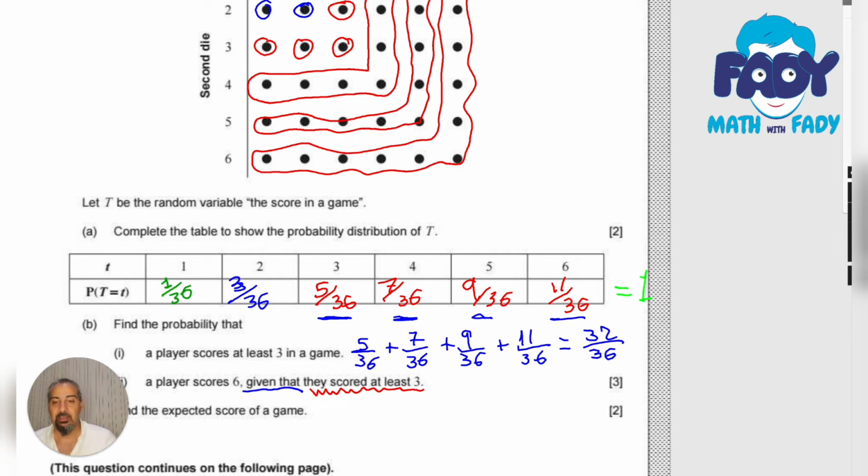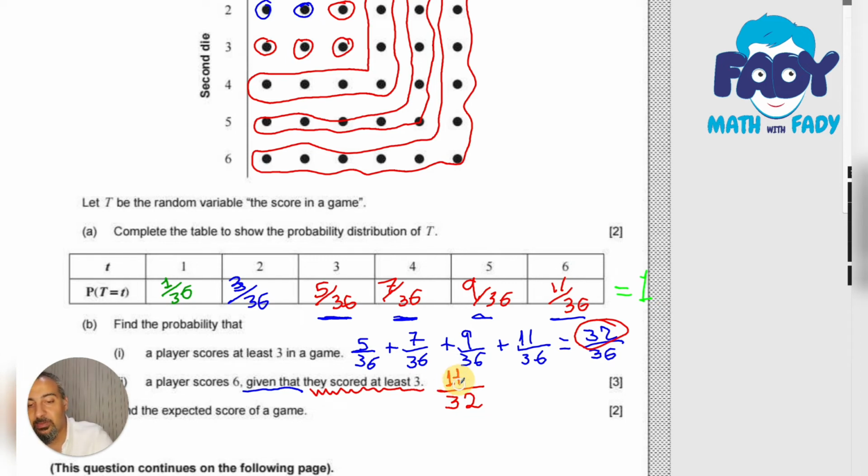We know that those who scored at least 3 make 32 options: 5, 7, 9, and 11. So here we are selecting not from the total of 36, but from a total of 32, those who scored at least 3. What we need to select is a player who scores 6, which is 11.